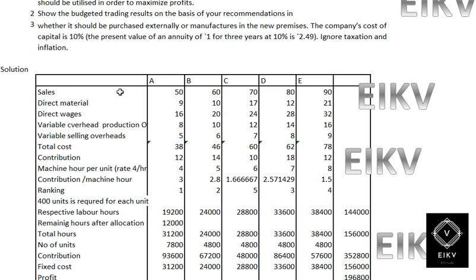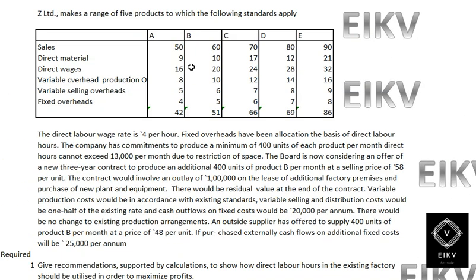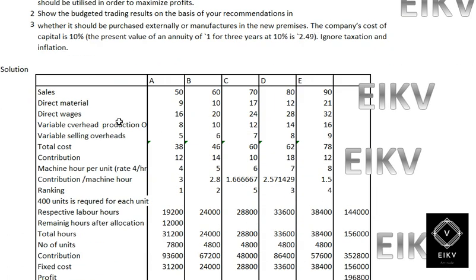Sales, as given in the question, sale price per unit, direct material also given, direct wages also given, variable overhead is also given in the question, variable selling overhead is also given in the above table. Then we have total cost.